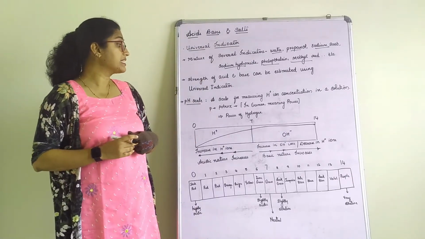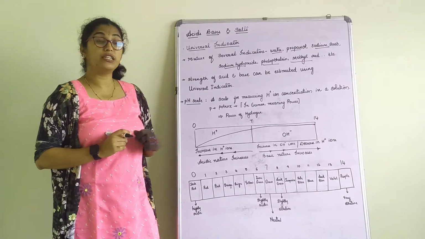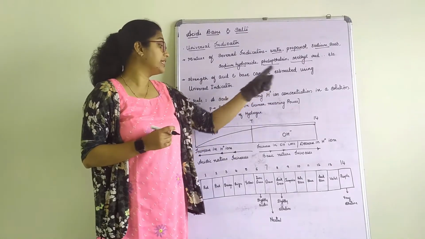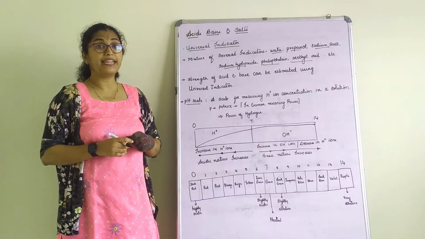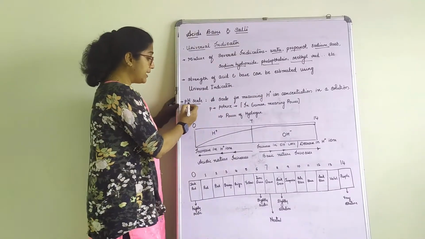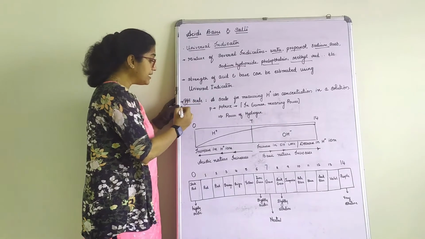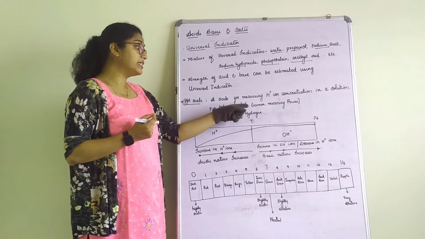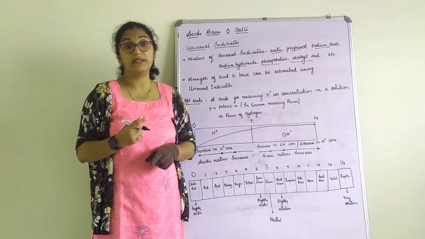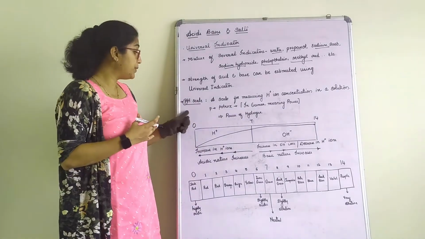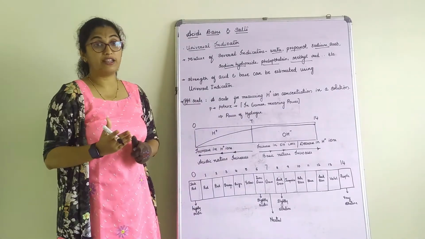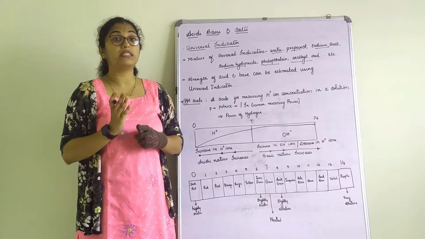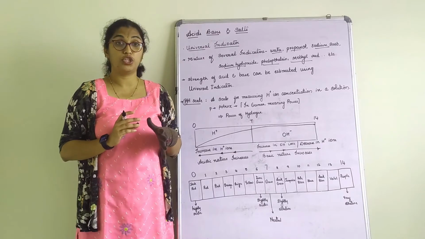Similarly, a pH scale is a scale for measuring hydrogen ions, H plus ions, in a solution. What do you mean by this pH? Here P stands for potence. What do you mean by potence? In German, potence means power. So pH means power of hydrogen. That means, what is the power of H plus ions in the given solution?